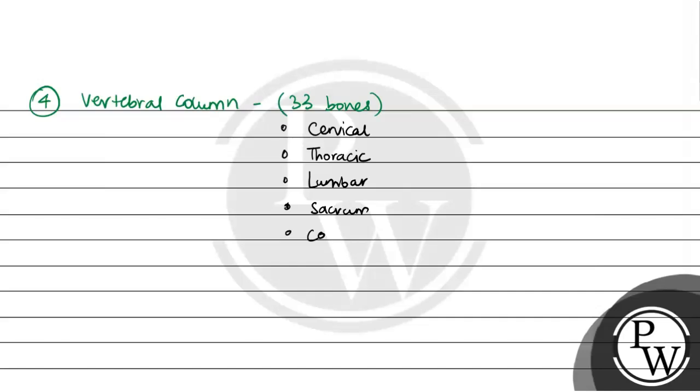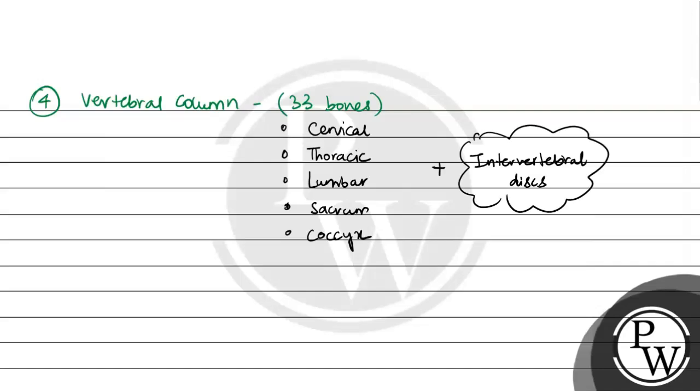And fifth is coccyx. And they are divided by the intervertebral discs. Vertebral column basically supports the head and protects the spinal cord.